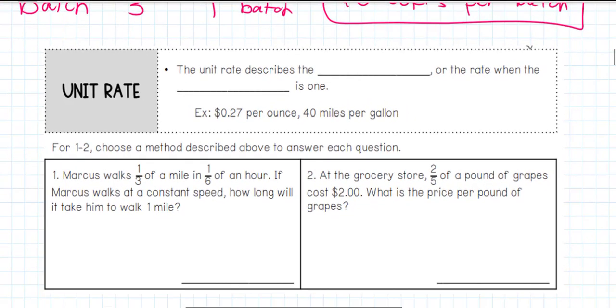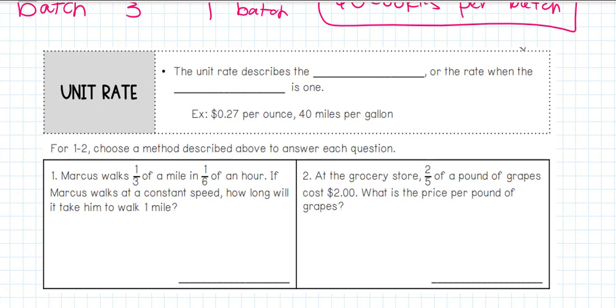So let's make sure that we're understanding, hopefully now, what a unit rate is describing, right? When we're doing these unit rates, we're describing the amount for one, per one, or the rate when the denominator is 1.